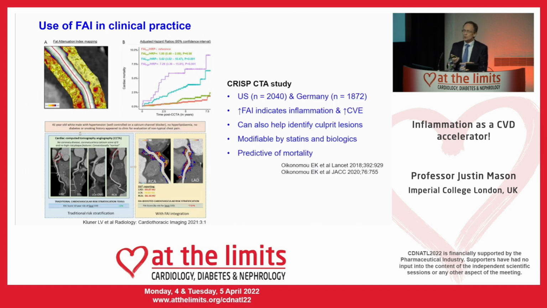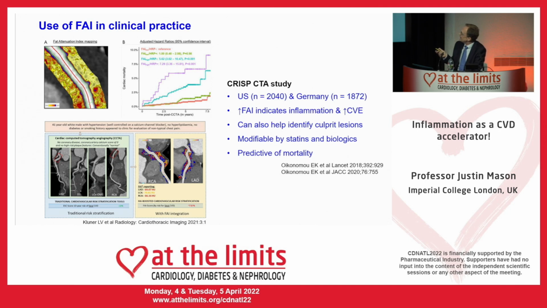So if you look at the relationship between the FAI and cardiac mortality, there are really some quite striking findings. And again, this is the work from the Antoniadis group at the University of Oxford. And they've shown that the measurement of the FAI adds a substantial amount of data above and beyond that given to us from conventional assessment of the coronary CTA results.